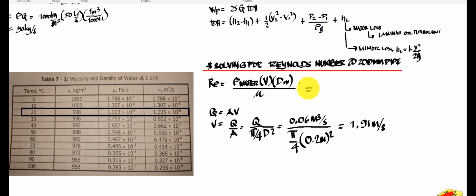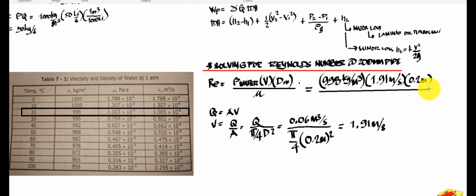Let's substitute that here. The density of water is 998 kilogram per cubic meter, multiplied by the velocity, 1.91 meter per second, then the diameter, 0.2 meter, divided by the absolute dynamic viscosity, which is 1 times 10 to the power of -3.